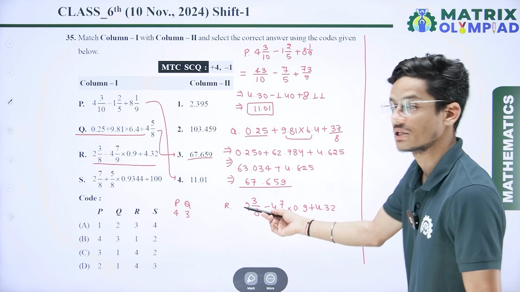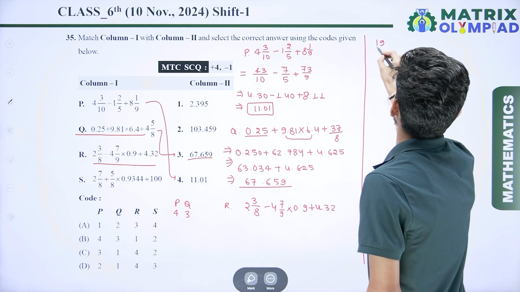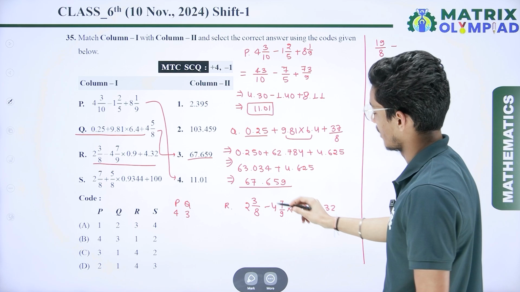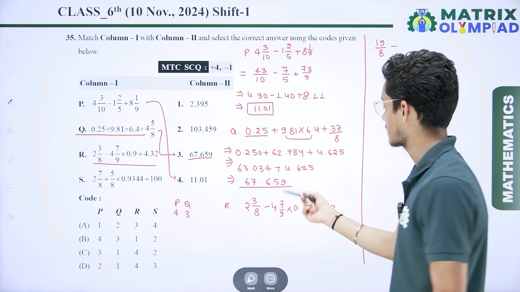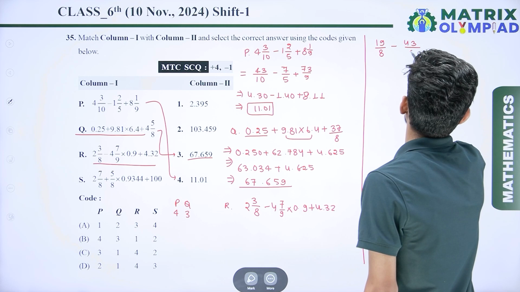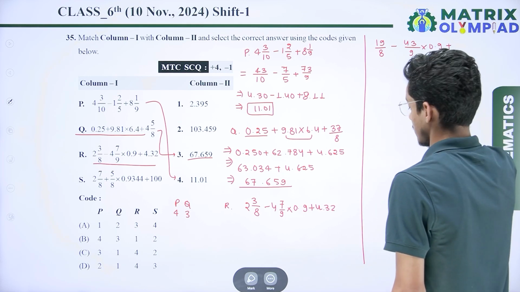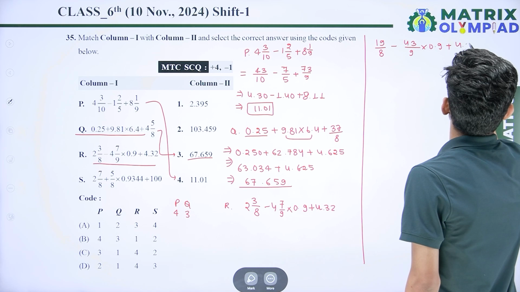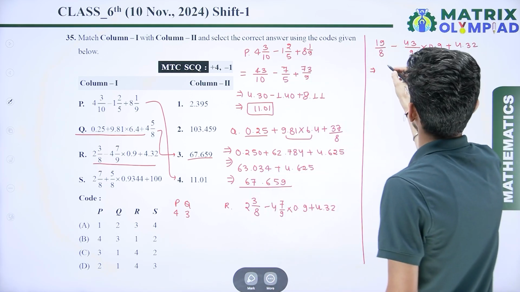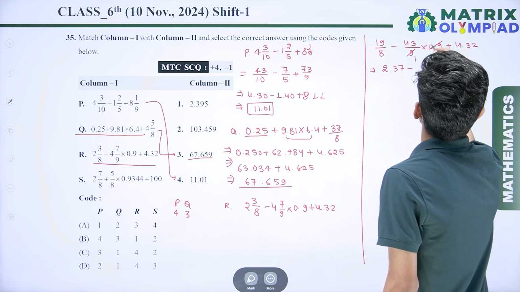We know 8 twos are 16, 16 plus 3 is 19. So here I get 19/8 minus 9 fours are 36, 36 plus 7 is 43. So here we get 43/9 multiplied by 0.9 plus 4.32. If I divide here, I get 2.37 minus 0.1.